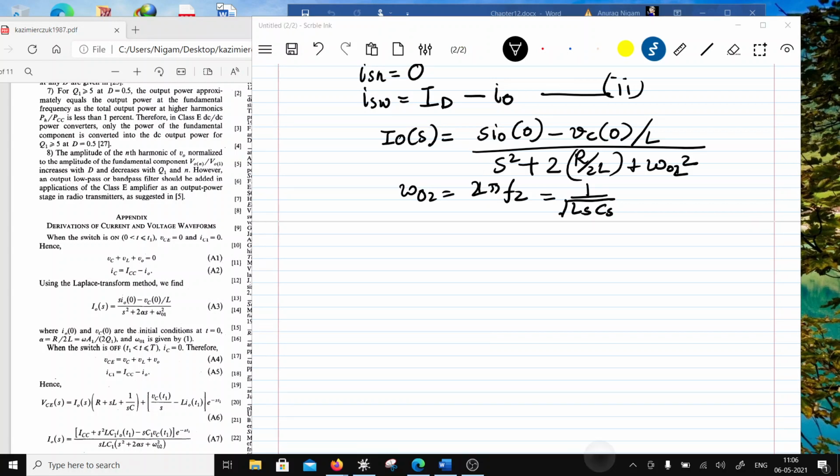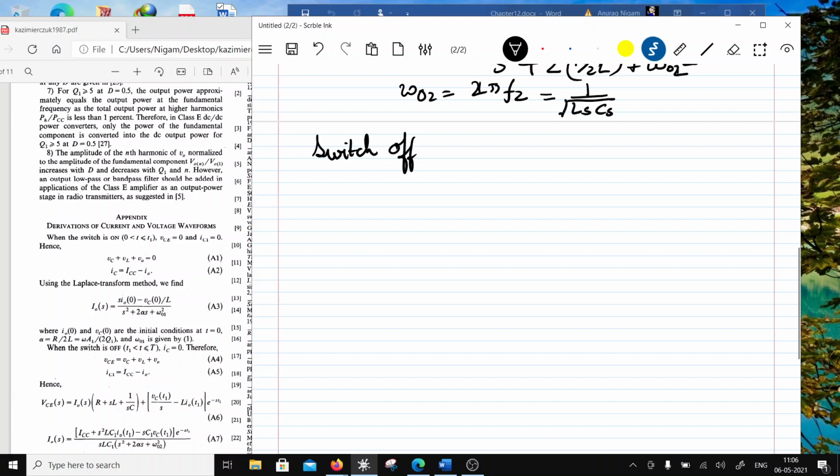The other equation is when the device switches off. So in this switch-off case, you have similar equations. VD, which is the voltage across the device, is going to be VL plus VC plus VO.